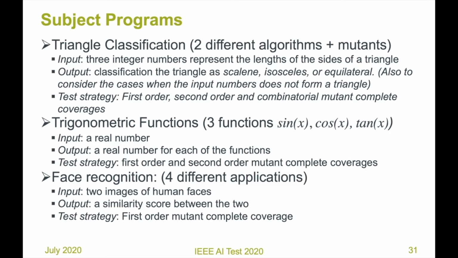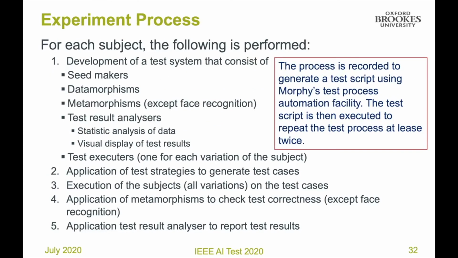For each of them, we applied different kinds of test strategies to validate how easy it is to apply those test strategies. The experiment process starts with the development of a test system that consists of seed makers, datamorphisms, metamorphisms, test result analyzers and test executors.